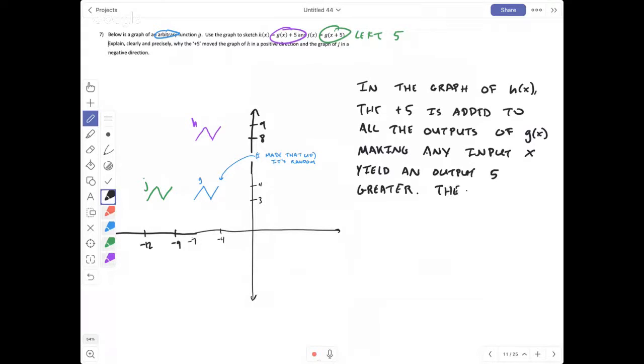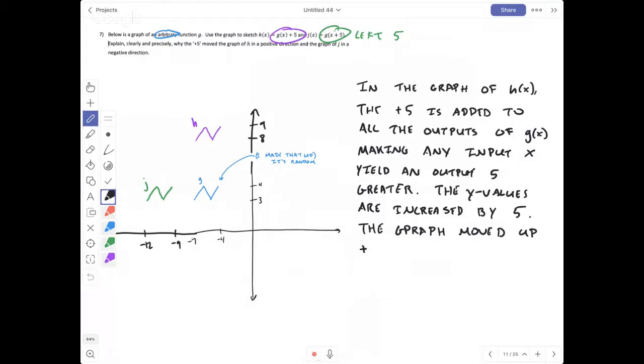The y values are increased by 5. The graph moved up +5. Then, let's see.